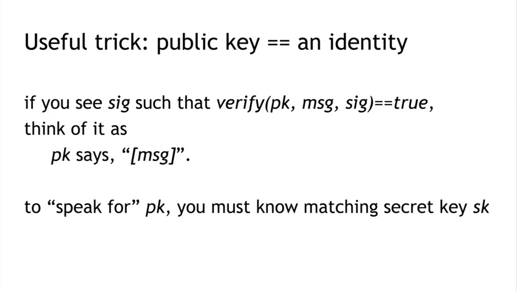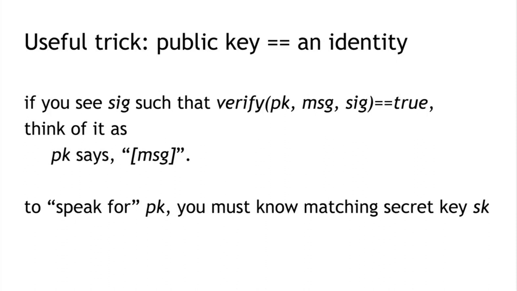You can think of a public key as an actor or a party in a system, and they can make statements by signing those statements. In that mindset, this public key is like an identity. It's an actor who can do stuff in the system.